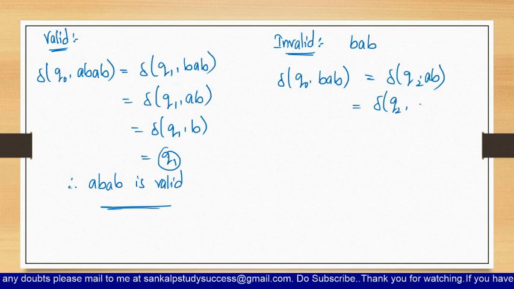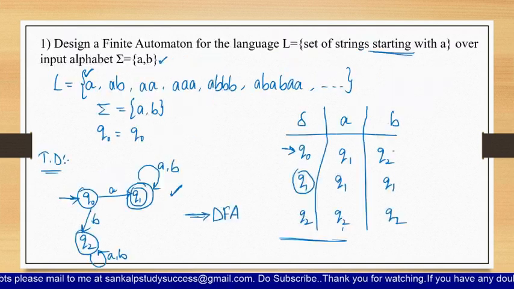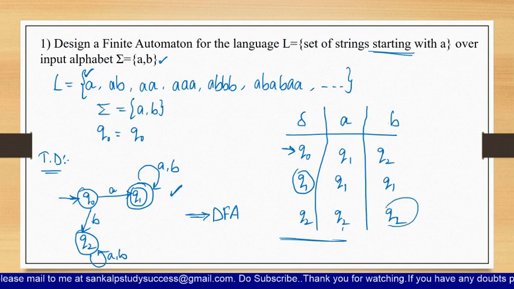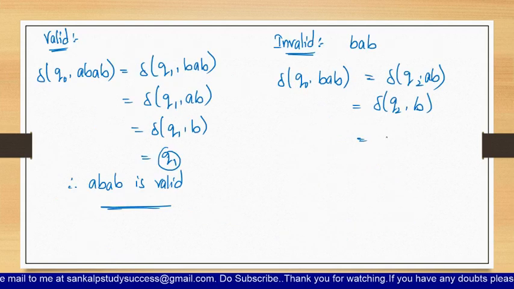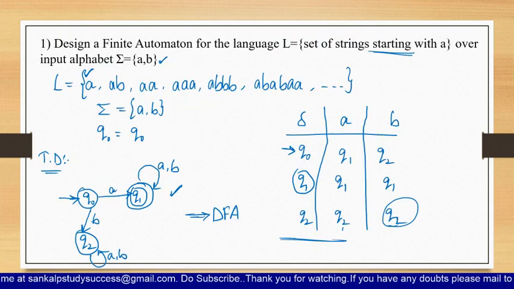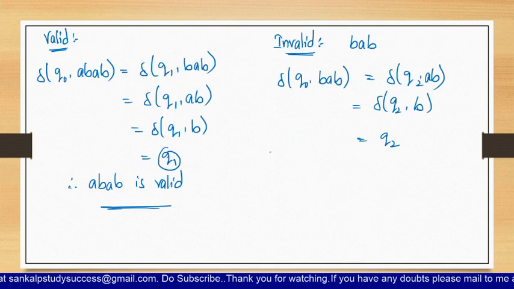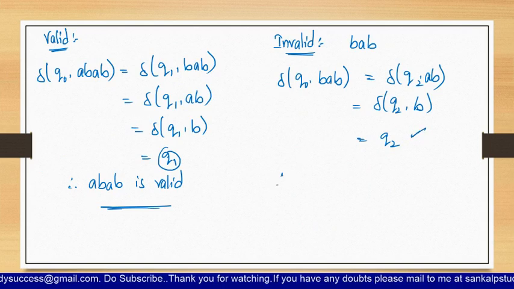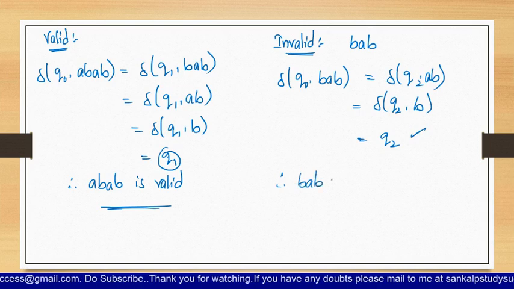Transition function of Q2 comma the remaining symbol B: if you apply B to Q2, again you get Q2. Here Q1 is the final state, but after processing the entire string we reach Q2, which is not a final state. That means BAB is invalid.